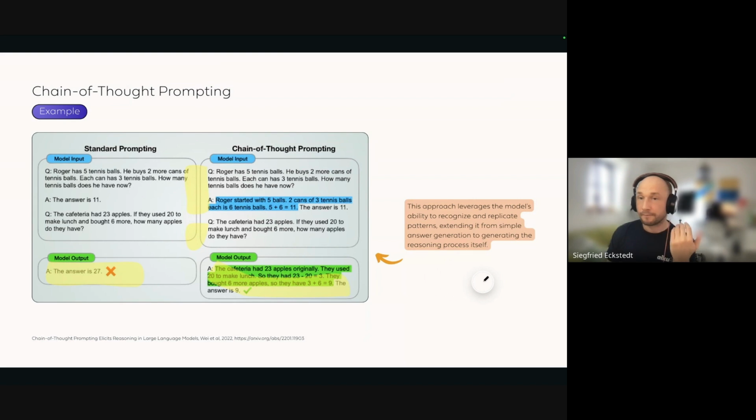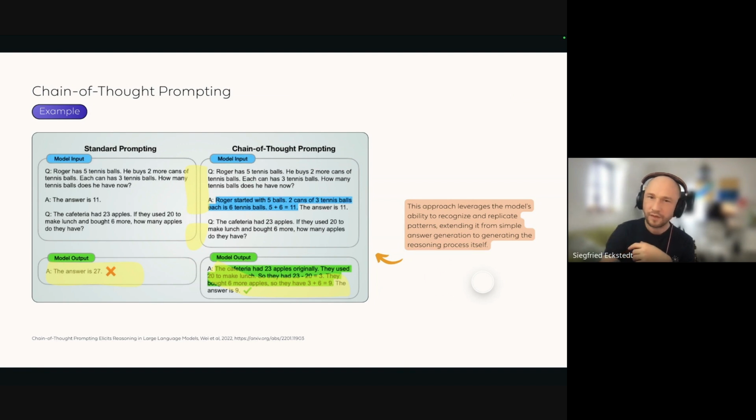So what is basically the main benefit here? We can leverage the model's inherent ability to recognize and replicate patterns in general. And then as it does so, it just replicates how we would reason about it, right? It actually creates a better output.